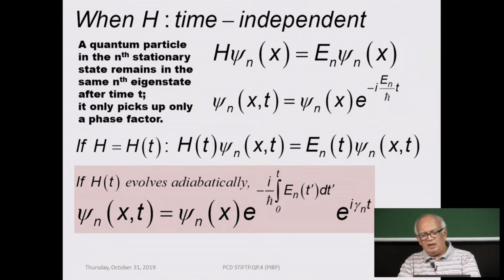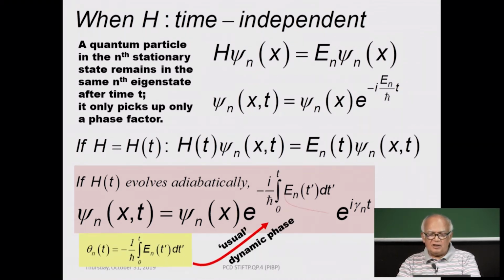Okay? The dynamic phase is here, but in addition to that, nothing stops you in quantum mechanics to think that there may be another phase which possibly is detectable, which is e to the i gamma t. So gamma is this additional phase.